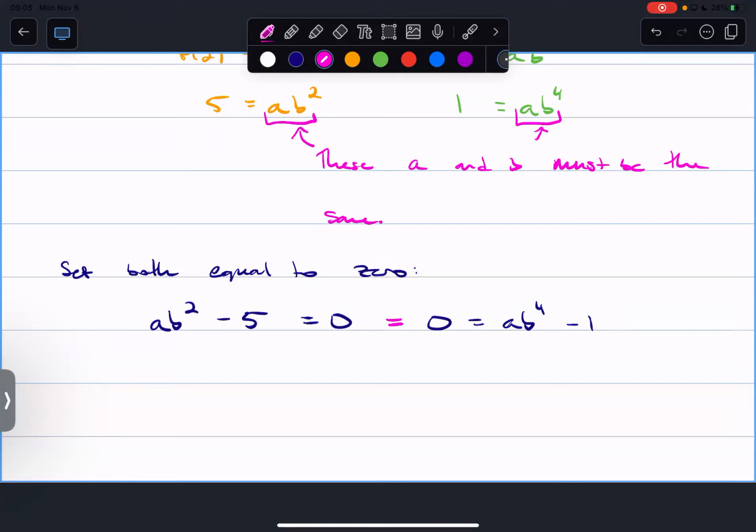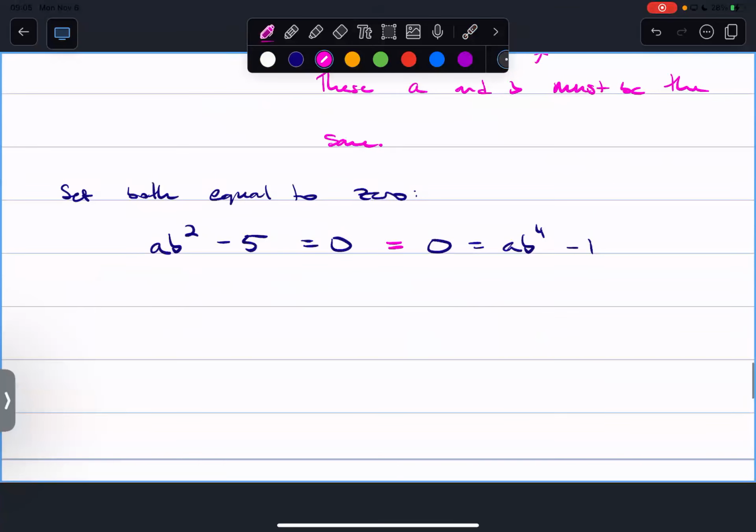So now, if I've got the same thing in the middle, I don't have to write it out anymore, right? If A is equal to B and B is equal to C, then A must be equal to C, right? And so I have ab squared minus 5 is equal to ab to the 4 minus 1.